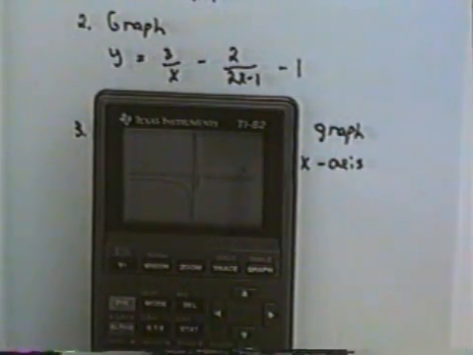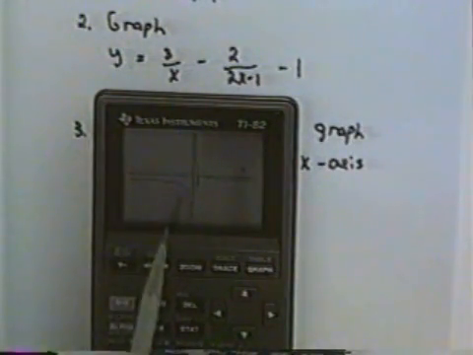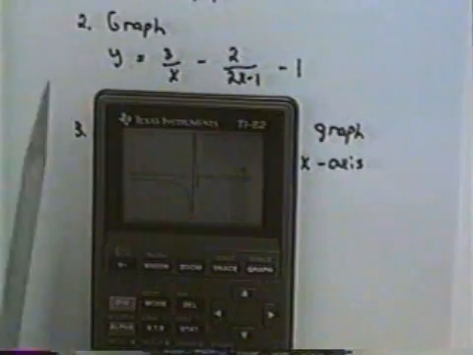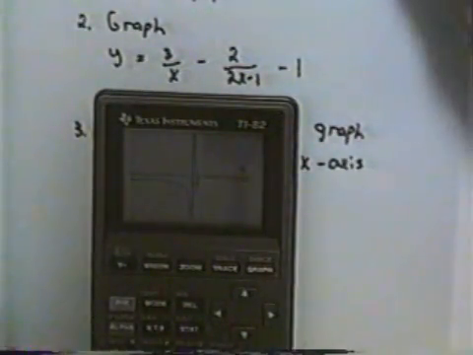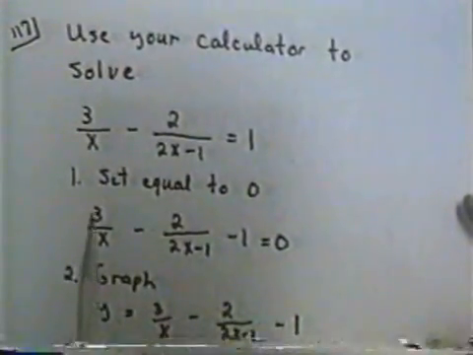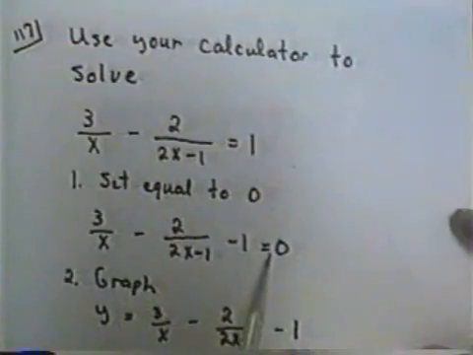Now I can't tell down here, if you look at the calculator, there are no solutions. Remember, you have solutions when y is 0. I'm trying to solve the equation 3 over x minus 2 over 2x minus 1 minus 1 is equal to 0.